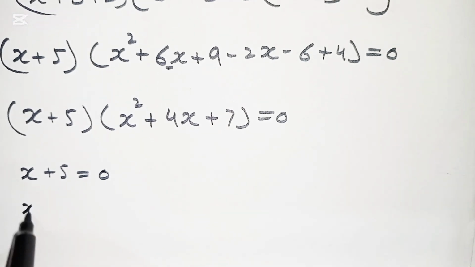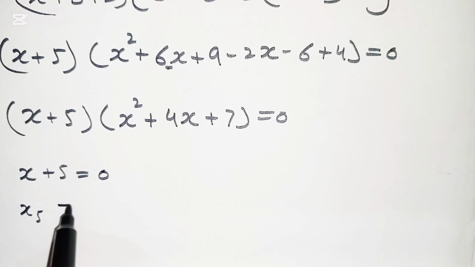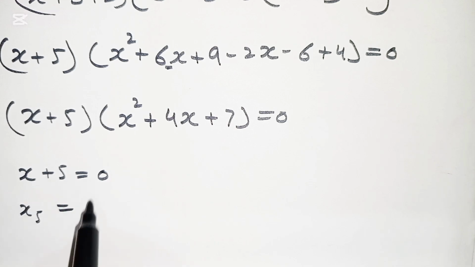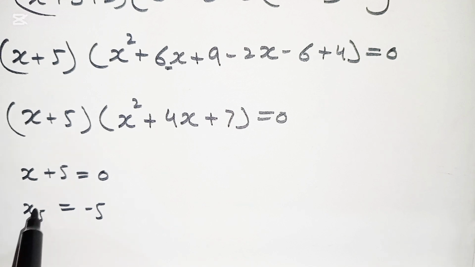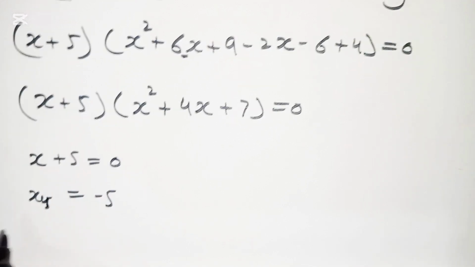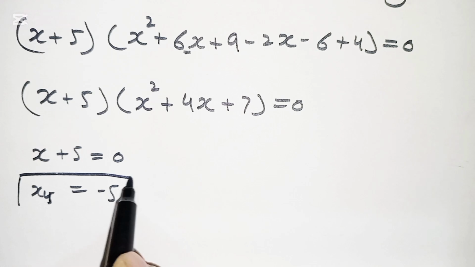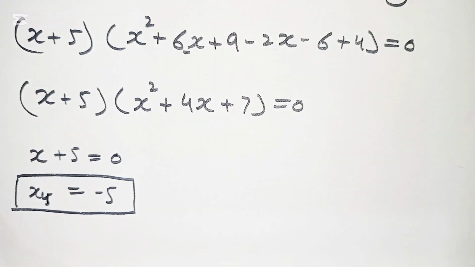And here the fourth value of x is equal to minus 5, moving the plus 5 here.